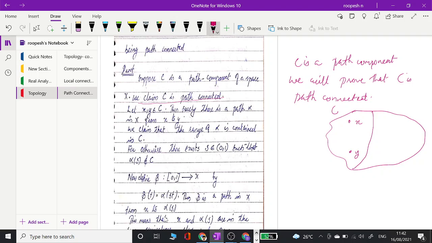We claim that the range of alpha is contained in C. Surely there is a path because this is an equivalence class, so two members in it means there exists a path. That's the meaning.